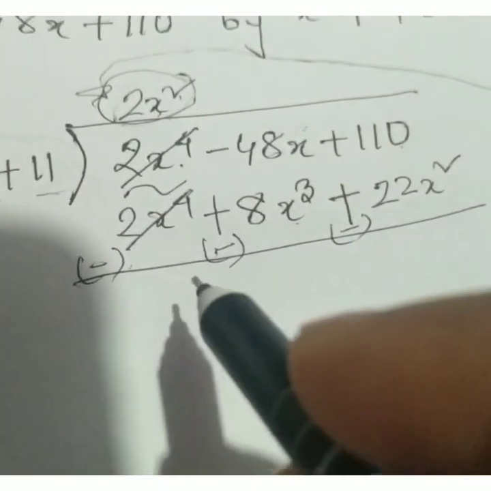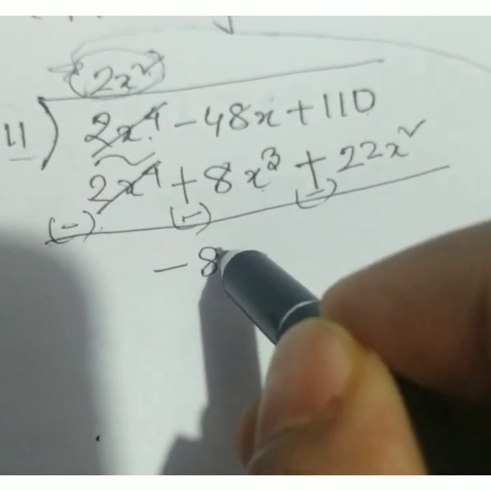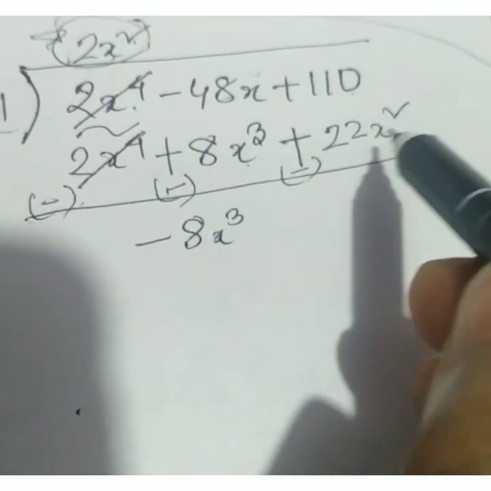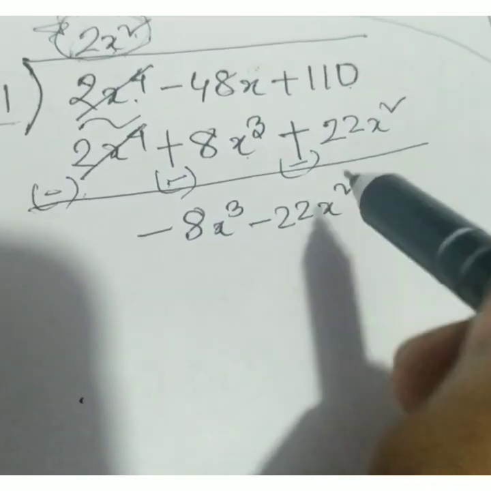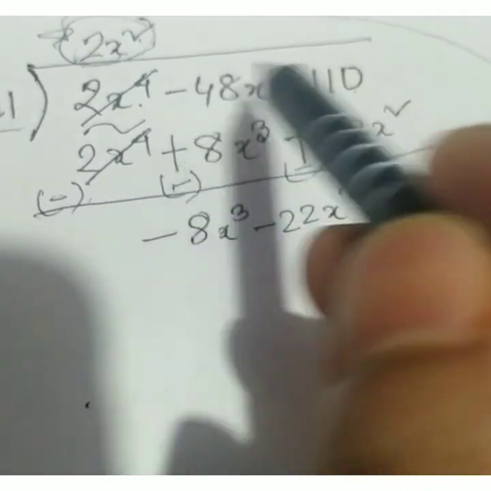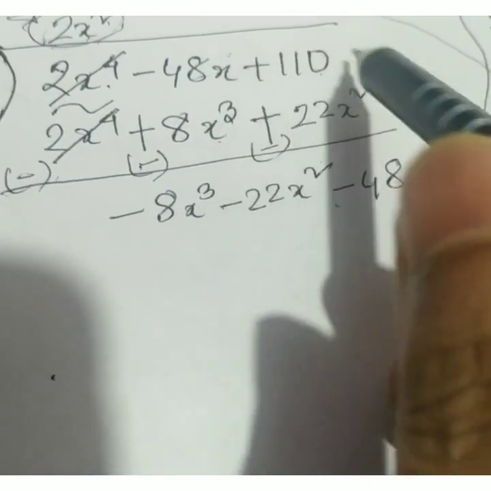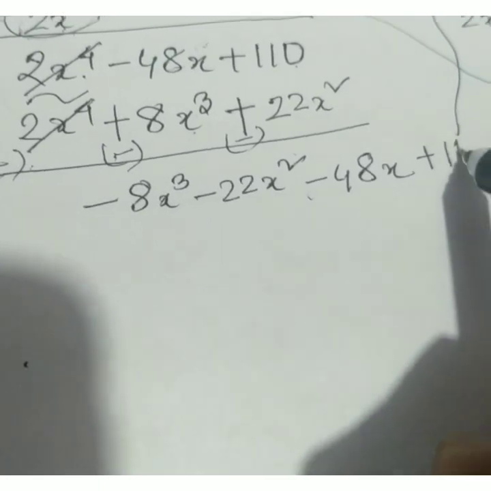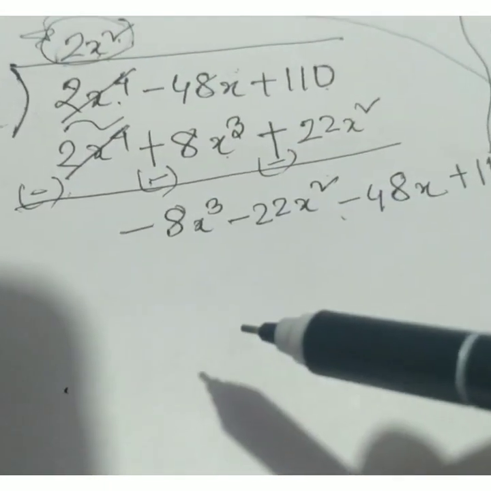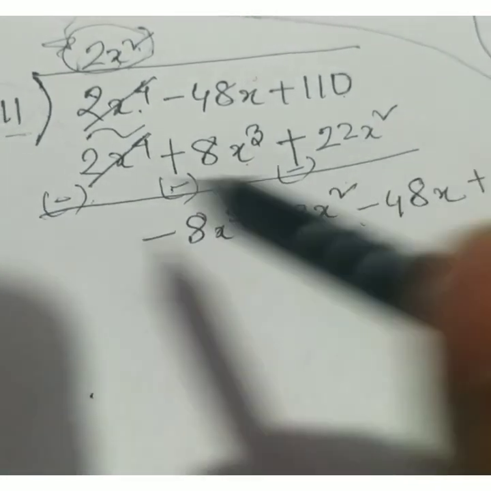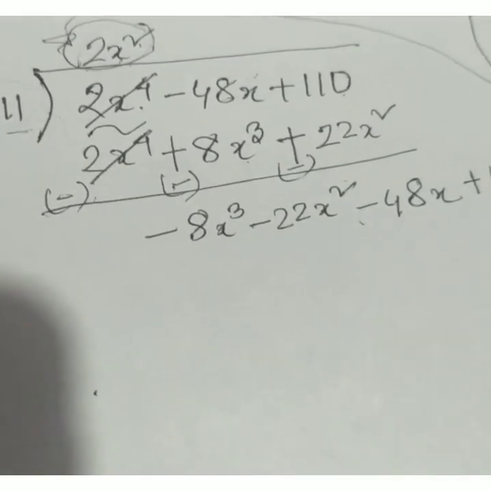So we can start with the highest power of x: minus 8x³, then minus 22x², then minus 48x, then plus 110. So I have to always arrange in the descending power of x, otherwise we will not be able to divide properly. Okay, so this line has been written.